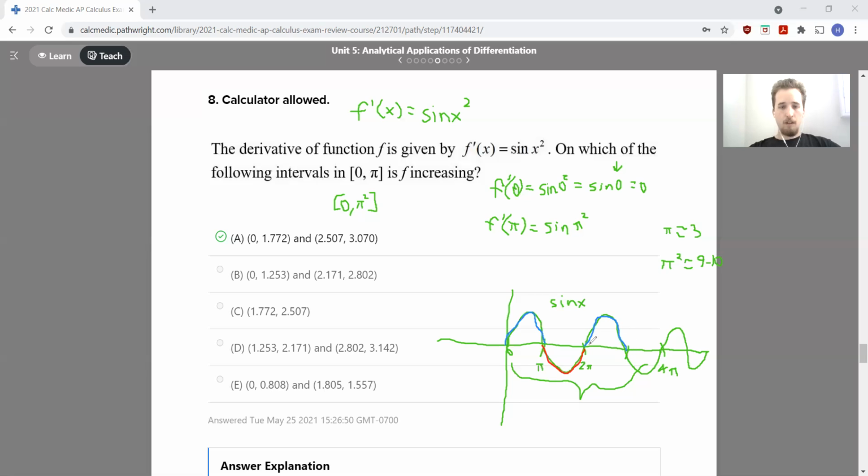So from this point, okay, well, we know then this function is positive when we get sine of 0 to sine of pi, and sine of 2 pi to sine of 3 pi.